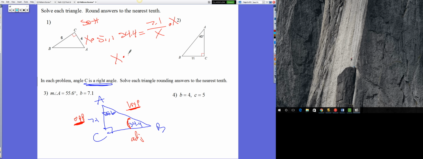So you got x times the sine of 34.4, and that's equal to 7.1. To get x by itself, undo the times. So divide this side by sine of 34.4, divide this side by sine of 34.4.